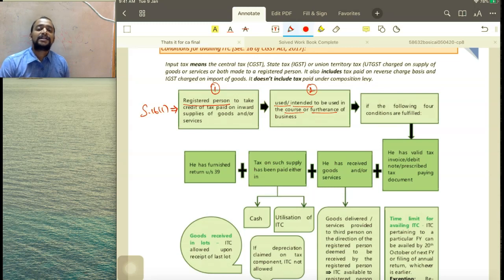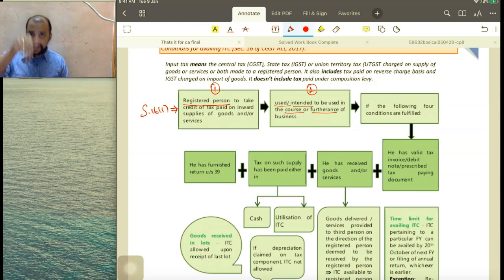Condition number 2, if you want to take ITC on the inward supply, such inward supply should be used or intended to be used in the course or furtherance of business. What is the meaning of used? You are using it now. Intended to be used means not used now, but to be used in future.